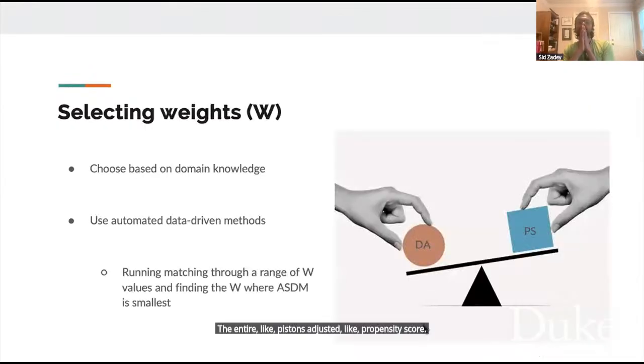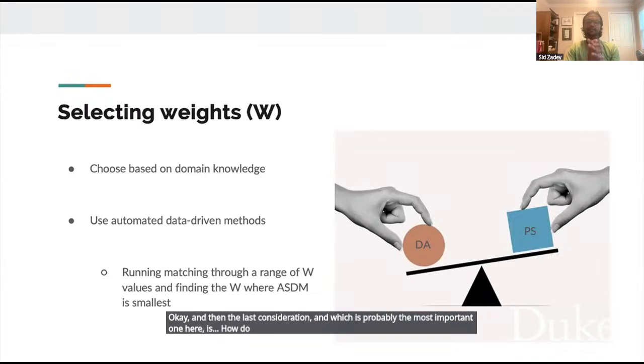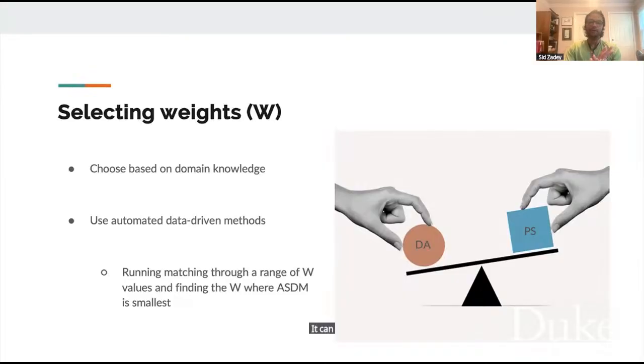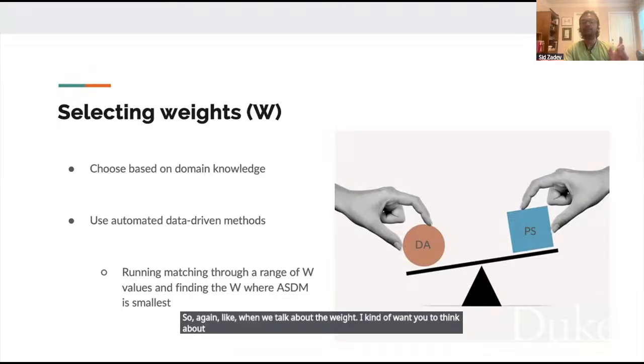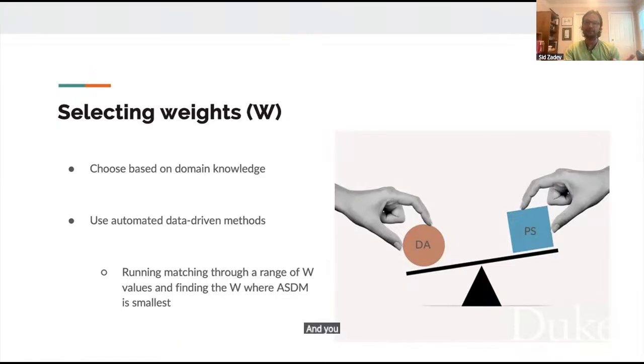Okay, and then the last consideration, which is probably the most important one here, is how do we select the weights that are used in the score? It can either be domain knowledge based, or you can use data-driven methods. When we talk about the weight, I want you to think about it as you have the distance adjustment part, and you have the standard propensity score part.